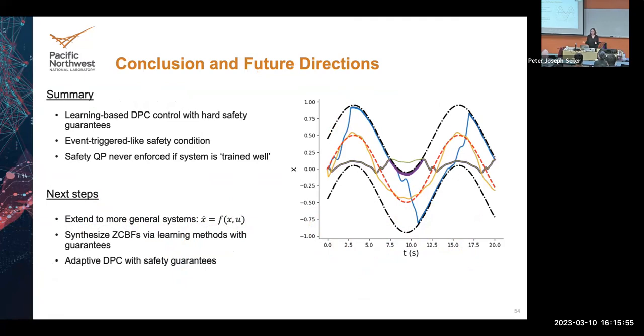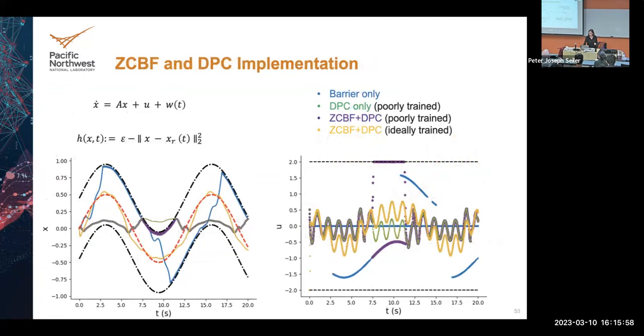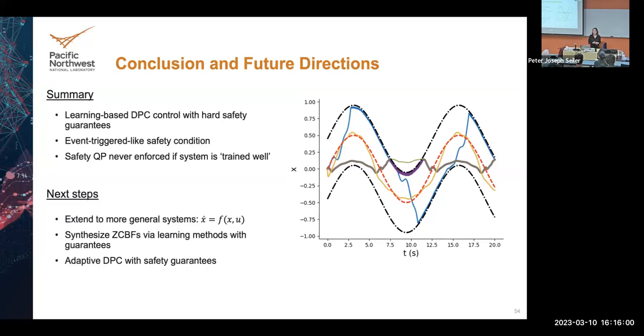And next steps, obviously, this was a very simple system example, and we want to look at more general system representations, and we want to look at ways in which we can introduce adaptive learning in this process. So right now, all of this is offline.